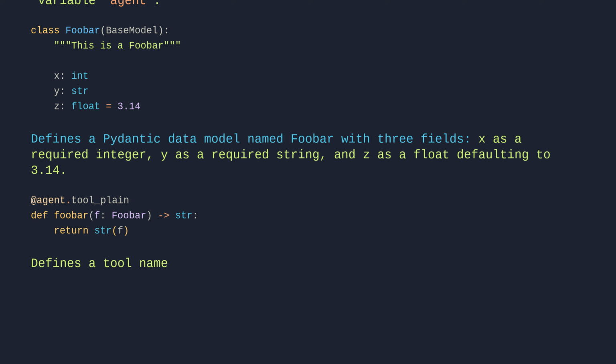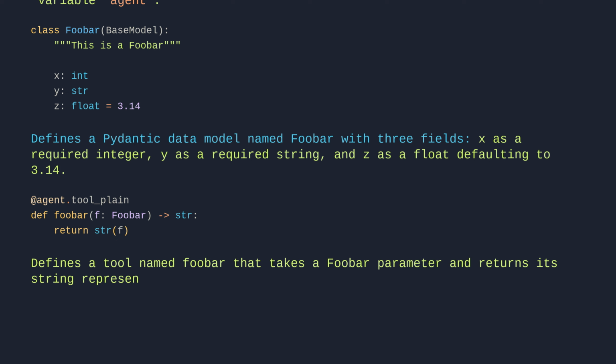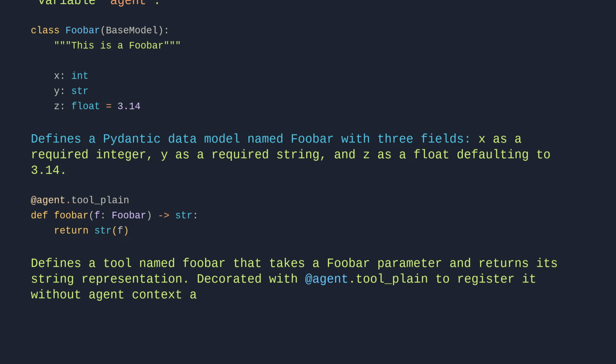This defines a tool named foobar that takes a Foobar parameter and returns its string representation, decorated with @agent.tool_plain to register it without agent context access.